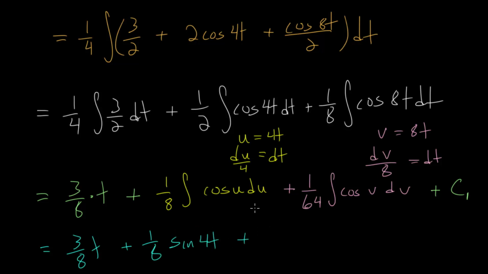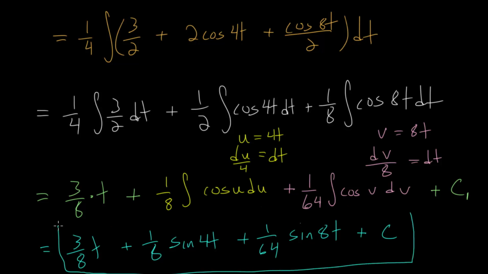And then we have plus 1 over 64 multiplied by this integral, and the integral of the cosine of v is just the sine of v, which v is 8t, so let's put everything back in terms of t. And we have our constant of integration, which now we can just call c, since we can really add these constants from each of these together for just one constant. So this right here will be our final answer.